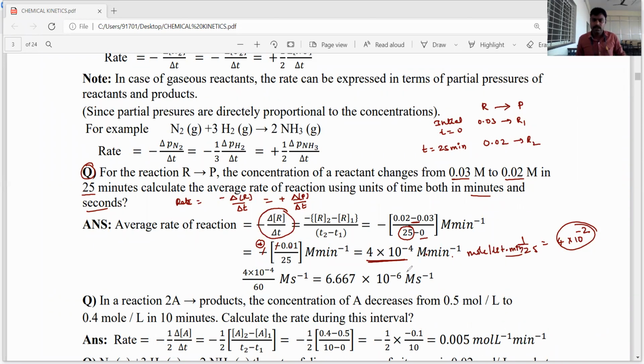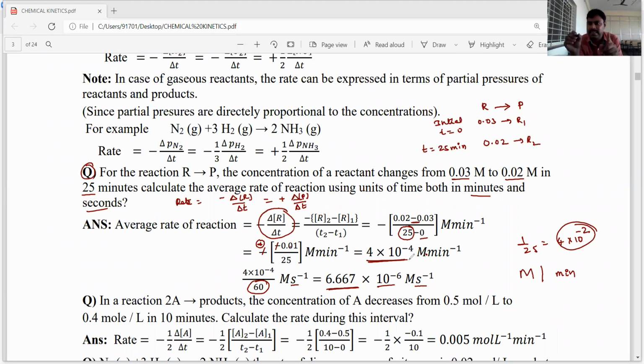Now the same expression we have to express in terms of seconds. Here, dear students, you have to think: molar per minute, and 1 minute equals 60 seconds. So you have to divide by 60, then it comes per second. Divided by 60, it equals 6.627 into 10 to the power of minus 6 mole per liter per second. Mole per liter per second is the answer.